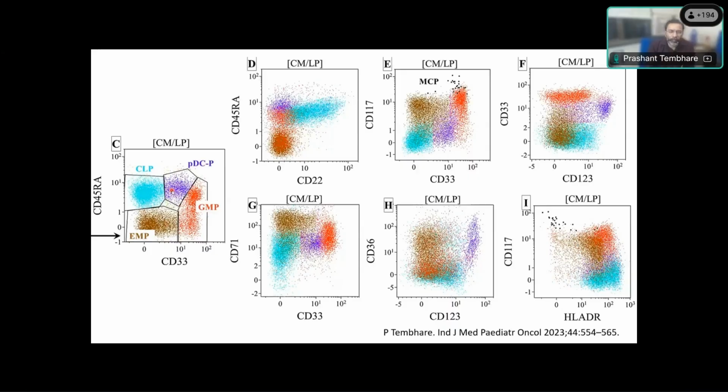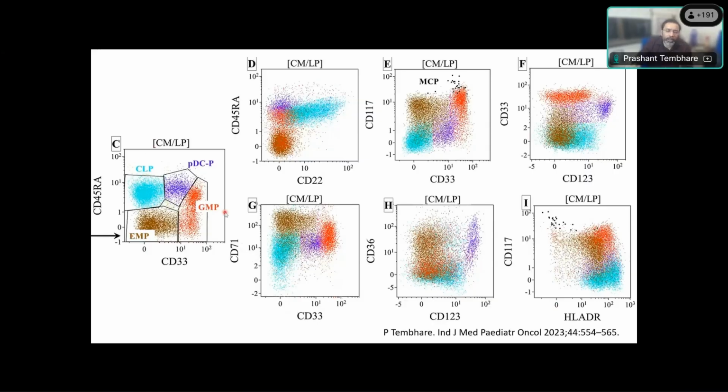Now, to confirm what I'm saying, we will use additional markers such as CD22, CD117, CD123, HLA-DR, and CD71, and we already have CD33 present in the sample.